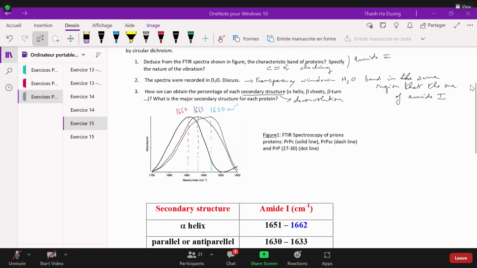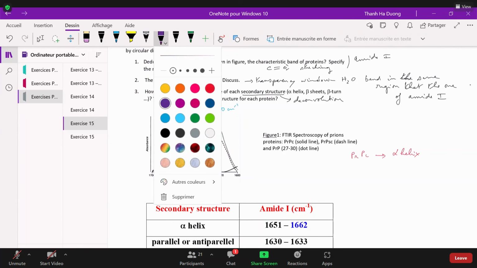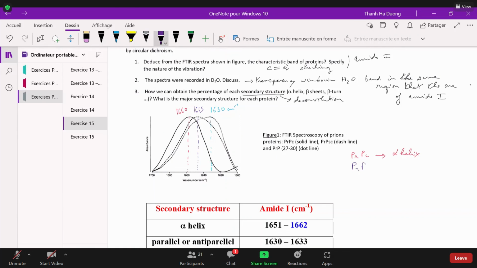The PrPC, which has a maximum at 1660, is mostly alpha helix. For the two others, in violet, it's PrPSc.